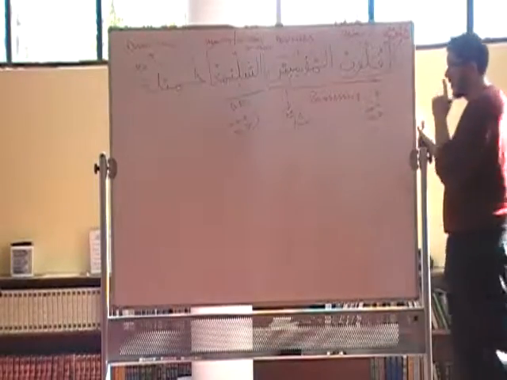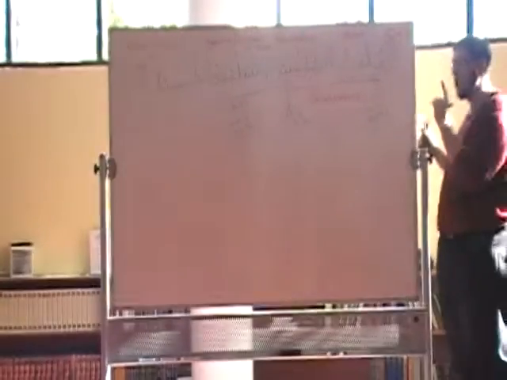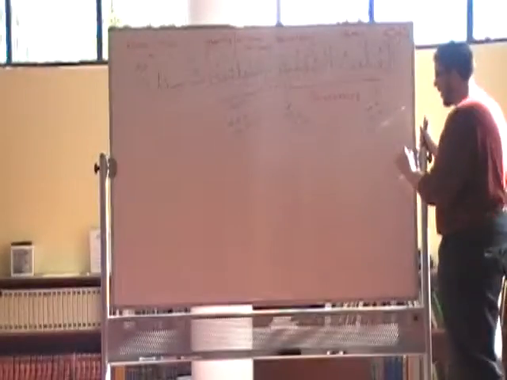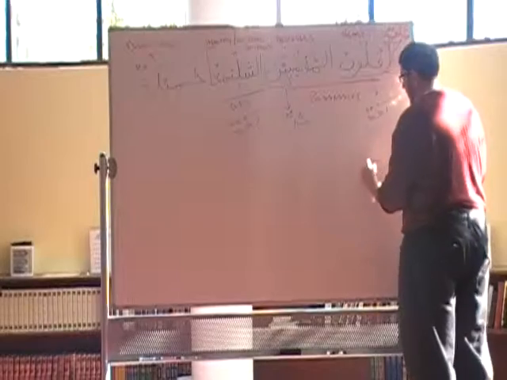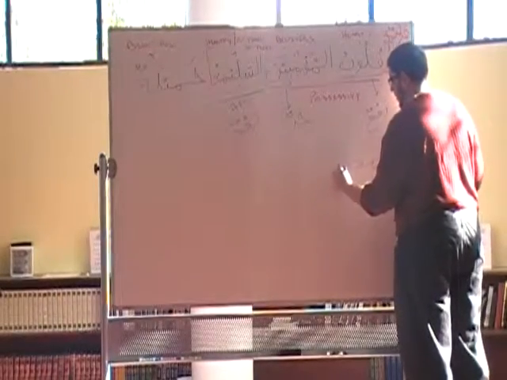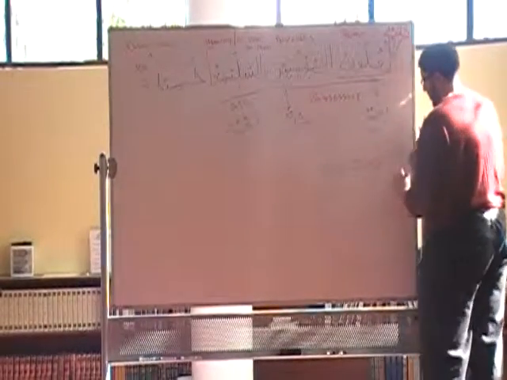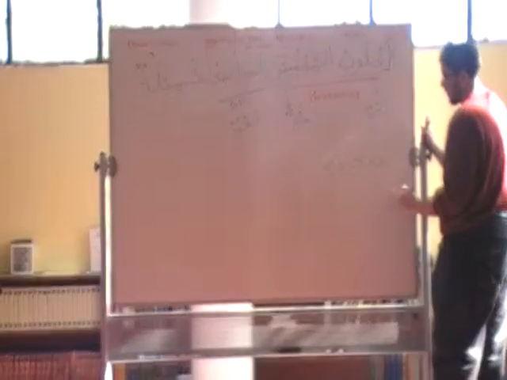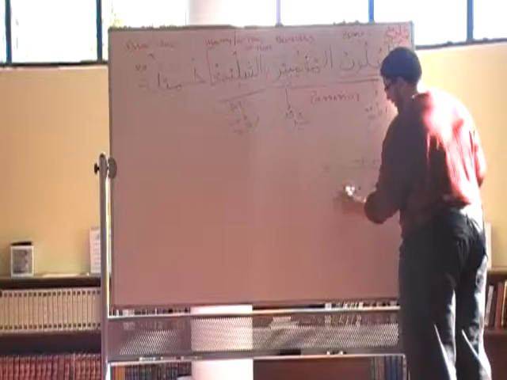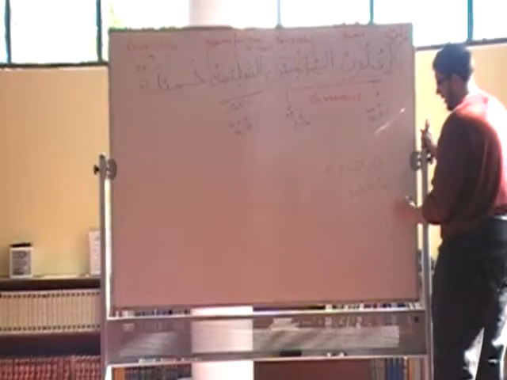Okay. What else? So we said that an adjectival compound needs to match in 4 areas. What? The ma'rifa. What's 2? The jins or the gender. What's 3?